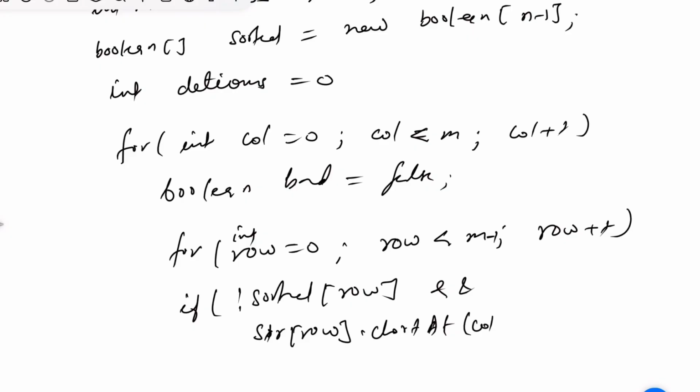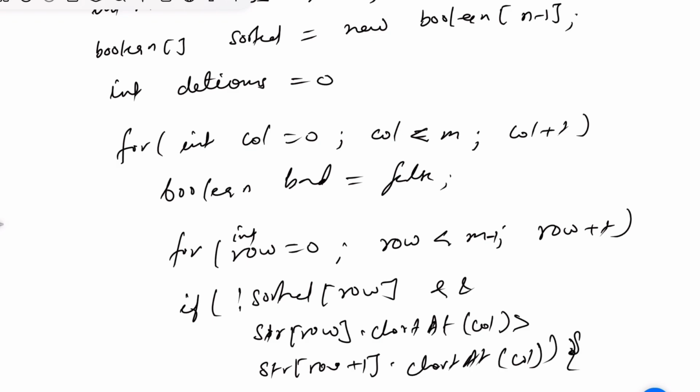If char at column is greater than str at row plus 1 dot char at the column, correct? If this is the case, mark it as bad, return true and break here.